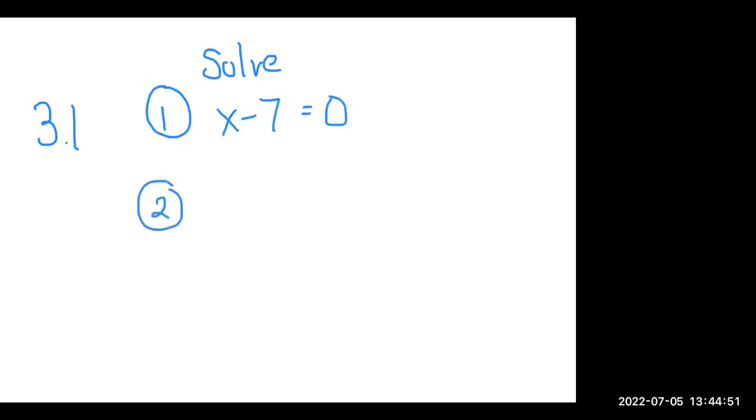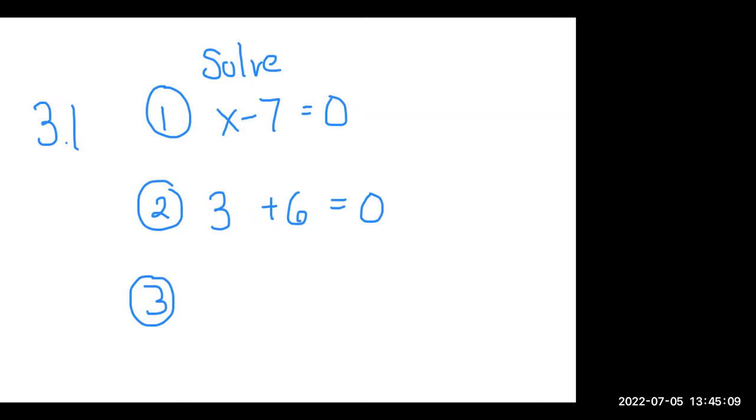But in chapter 3, they begin with very simple equations like this. Solve x minus 7 equals 0. I kid you not, it starts with that. 3x plus 6 equals 0. That's a two-step equation, and I'll explain those, of course. And let's say it's not always x either.